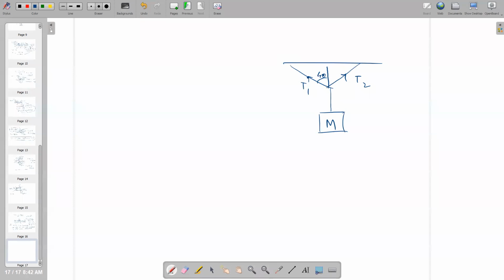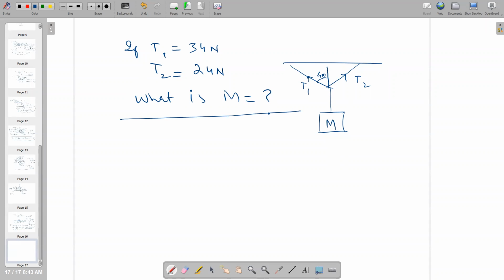So the question is, if T1 is equal to 34 Newton and T2 is equal to 24 Newton, what is M? This is the question in this situation. So to find this M, we have to write the equations.